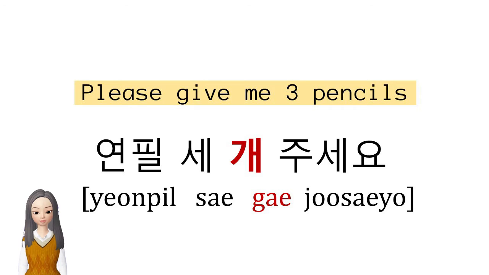For example, the sentence, please give me 3 pencils. We would say 연필 3개 주세요. Here you see we put 개 after the number 세. 3개. And because we're talking about pencils, a general object, we use 개 for the counter.